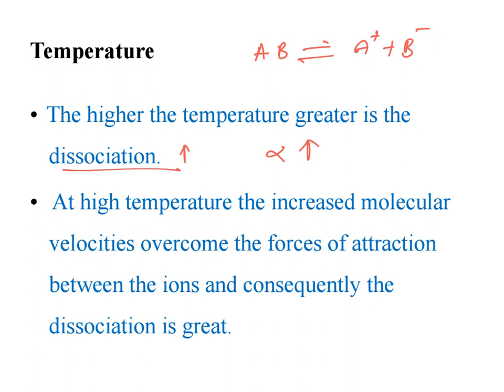So as temperature increases, ionization increases and the alpha value increases. At high temperature, the molecular velocity overcomes the force of attraction between the ions, and consequently the dissociation is greater. So these are the factors which affect the degree of dissociation.